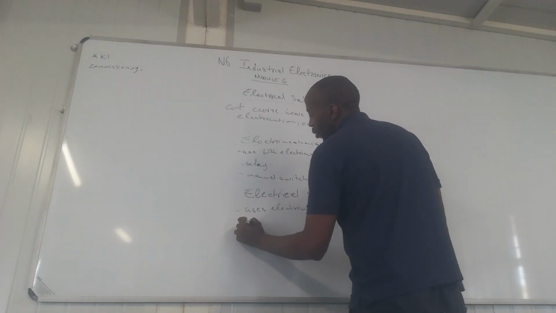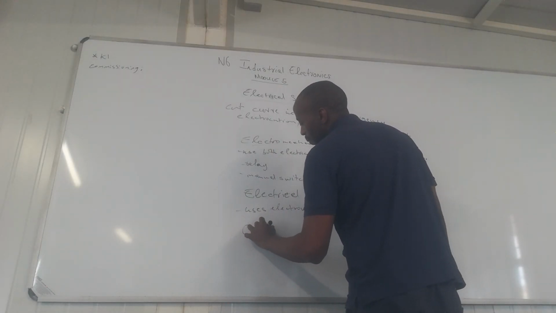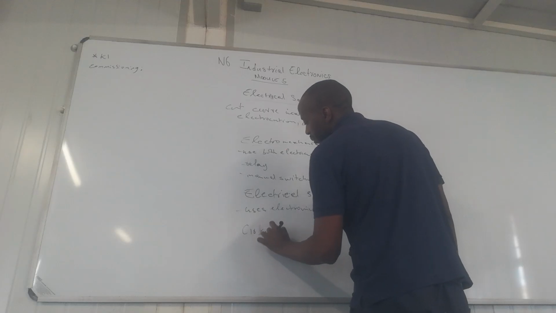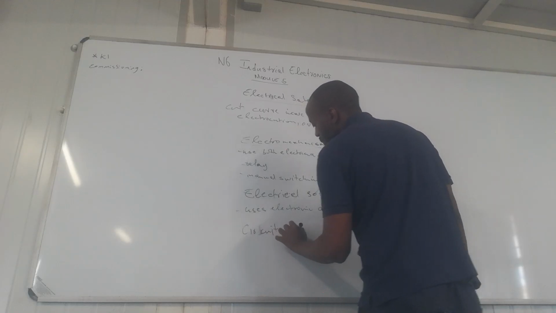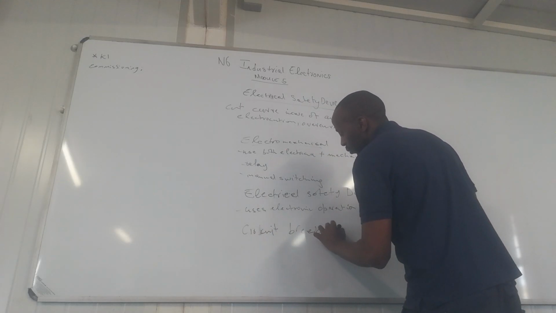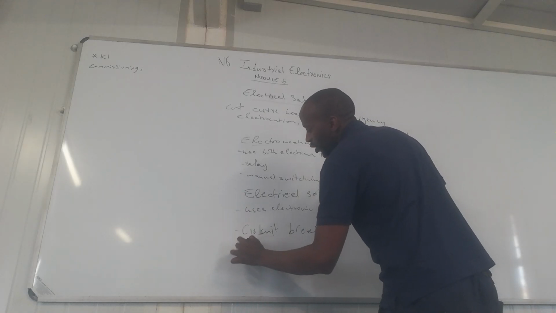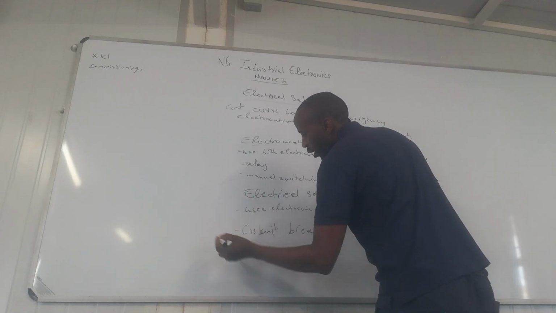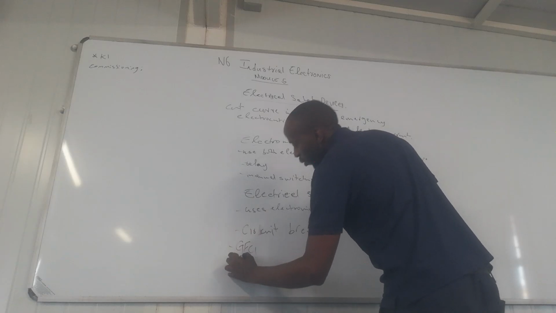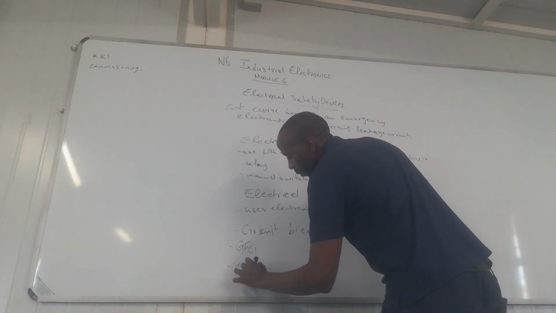This one uses what we call a circuit breaker or GFCI. We're going to explain the GFCI later, and then we also have an earth leakage.